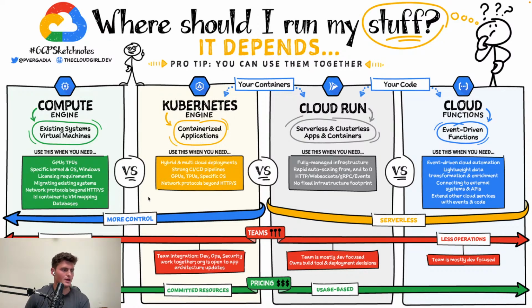It's from a cloud book that I don't have on my person right now, but it sort of shows each way you can deploy an application. There's Cloud Functions, Cloud Run, Kubernetes, and Compute Engine.